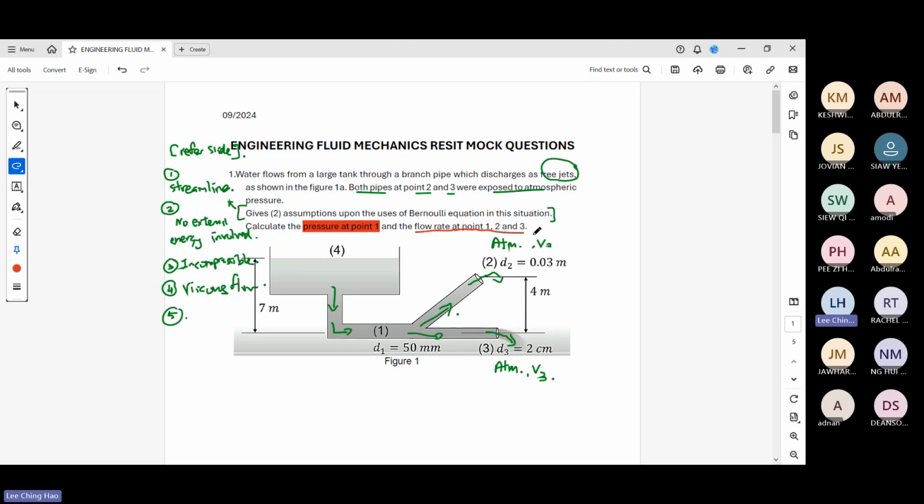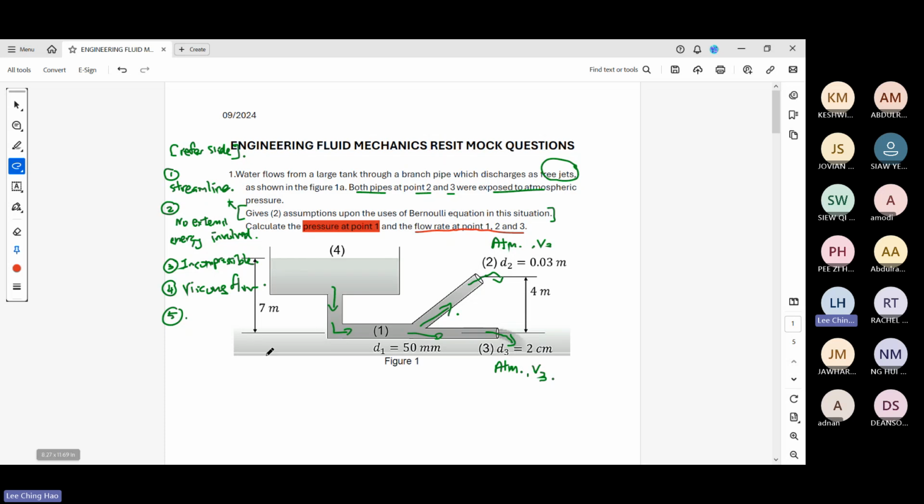So which one does this question want? For me, I also don't know. But if you ask me what I will do, I will do both because they said flow rate only. They did not mention either one. So you have to do both.